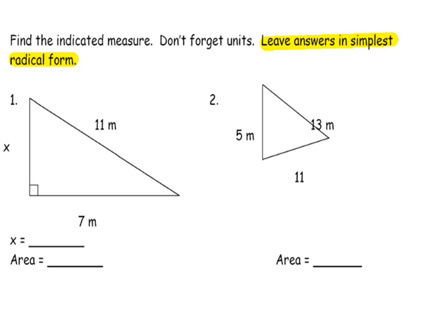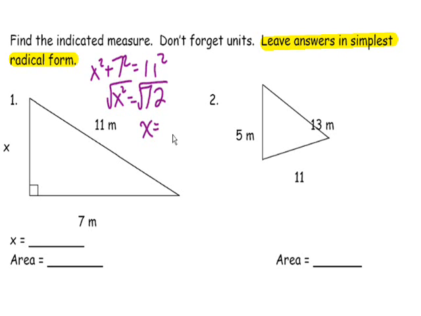All right, so x squared plus 7 squared equals 11 squared. So x squared equals, let me see, 121 minus 49 would get me 72. Take the square root of both sides, and I wind up with x equaling 6 radical 2. All right, so x is 6 radical 2 meters.